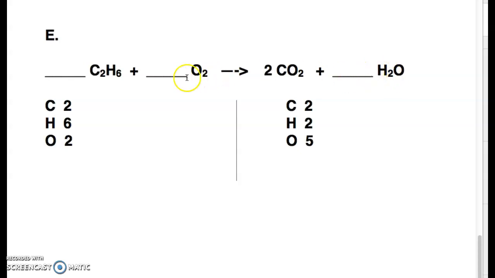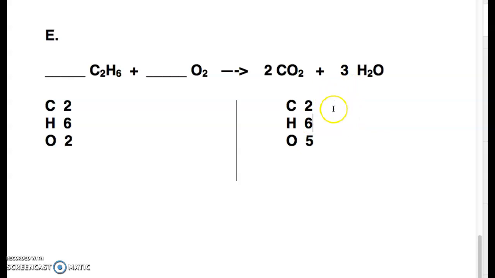Oh, I have to put a 3 there. Yes, so we have the hydrogen. The carbons are balanced, 2 and 2. I was trying to go to the oxygens first, because I know those are the ones we have a problem with. But you've got to balance the hydrogens first. You have 6 there, 2 here. The easiest way is to put a 3 in front of the water as its coefficient, giving you 3 molecules of water. That changed the hydrogen from 2 to 6. 3 times 2 is 6.